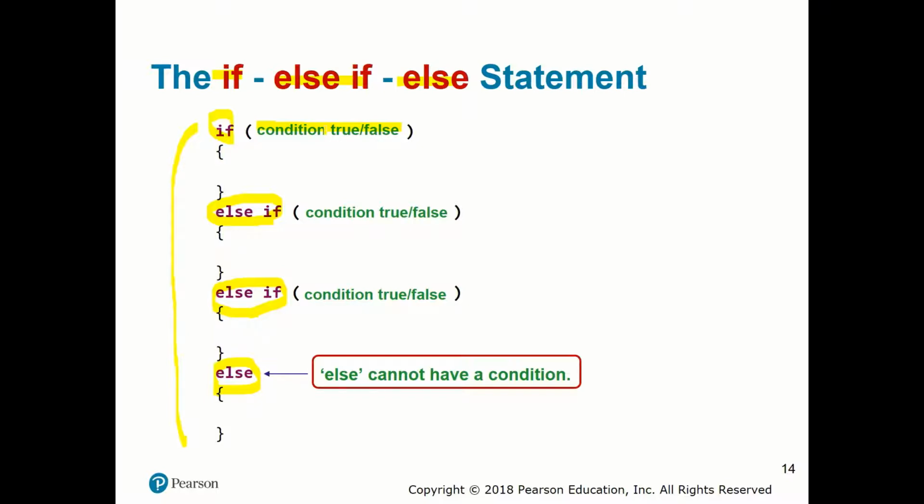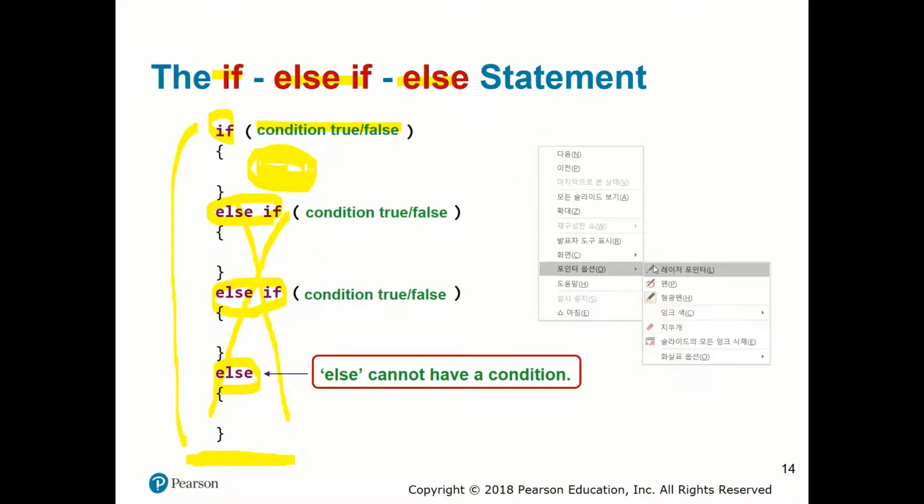If this is true, then this part will be executed, and then the rest of the else if and else are all skipped. After executing this part, the next line will be executed, somewhere here, outside of the if-else statement.